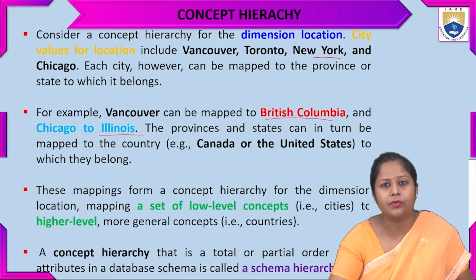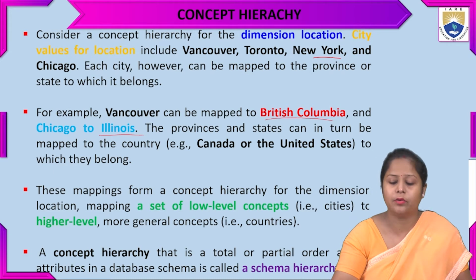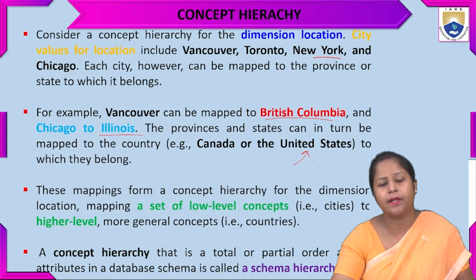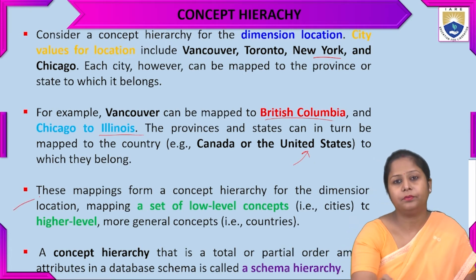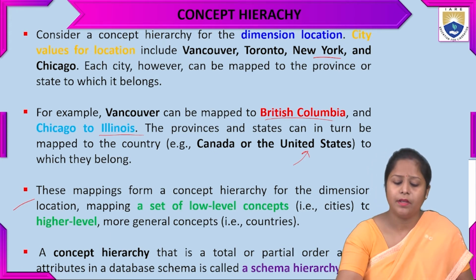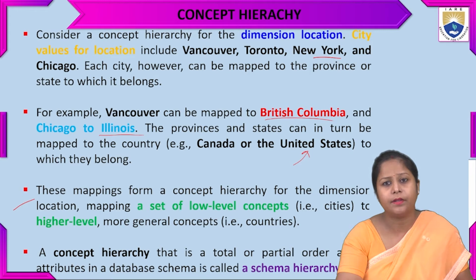If it belongs to Canada, it will go to Canada. If it belongs to the United States, it will go to the United States. So like this, in the concept hierarchy, all of the hierarchy is followed by the mapping. So these are the mappings from a concept hierarchy for the dimension location.